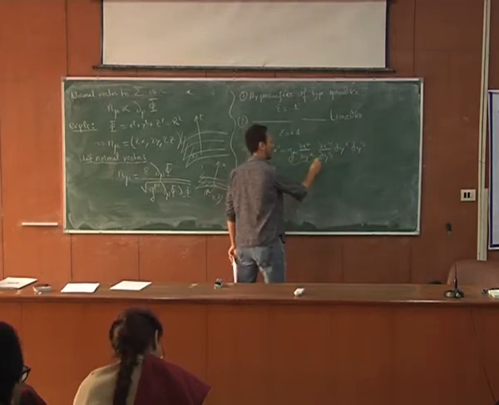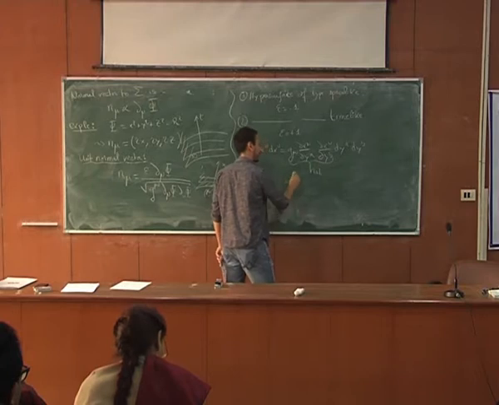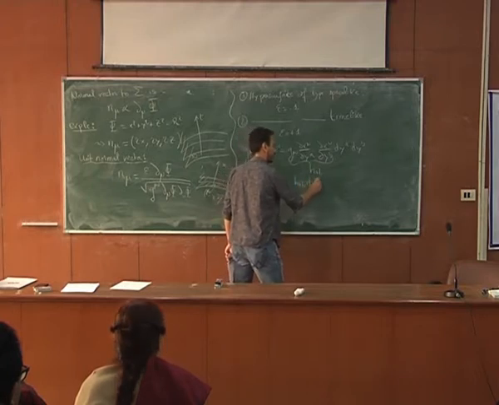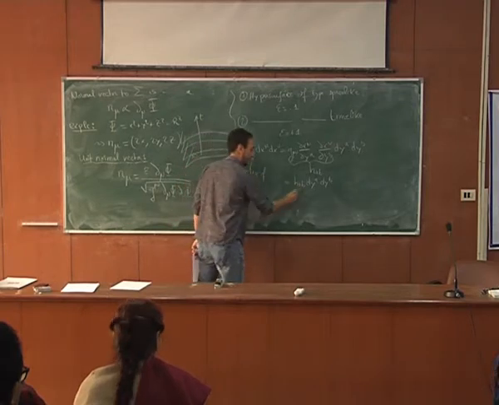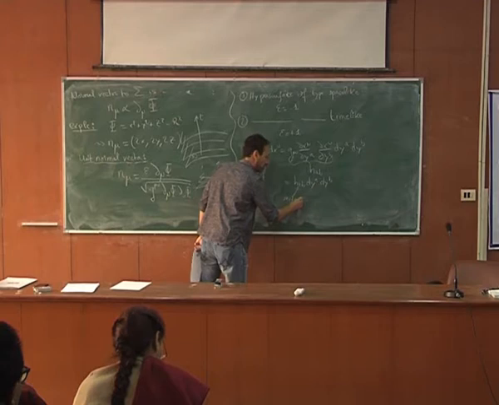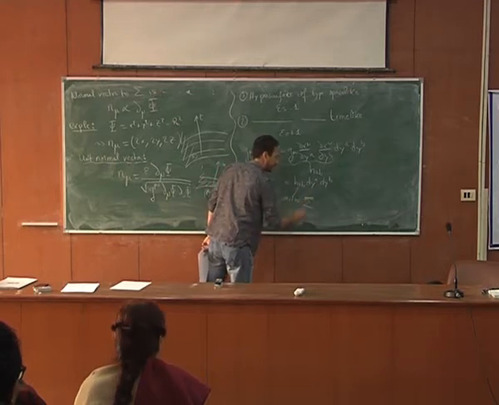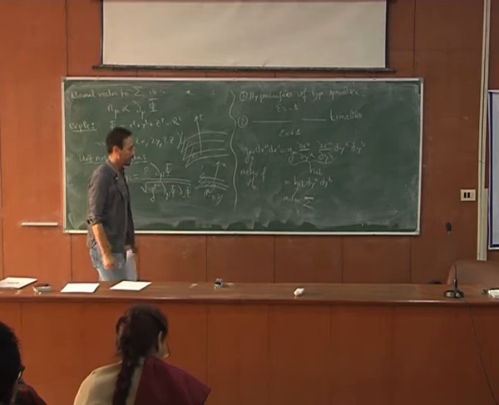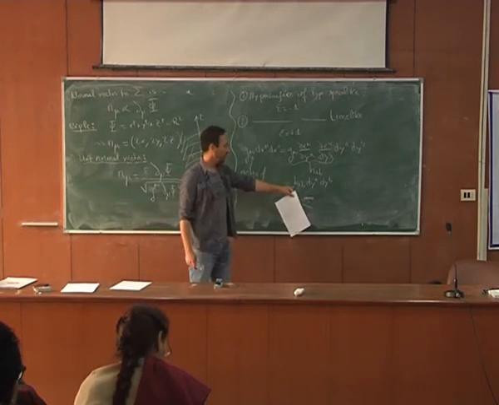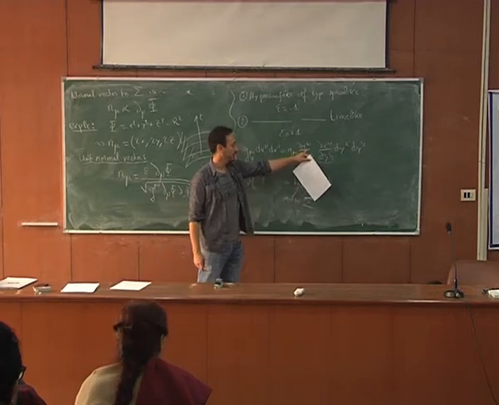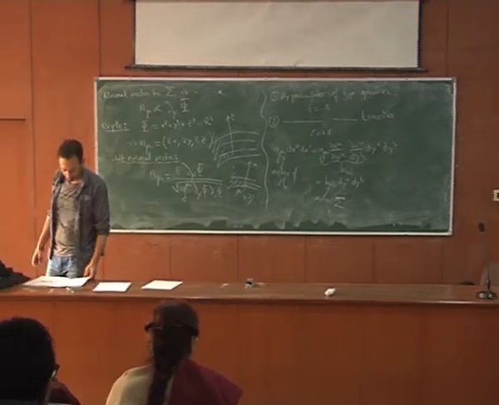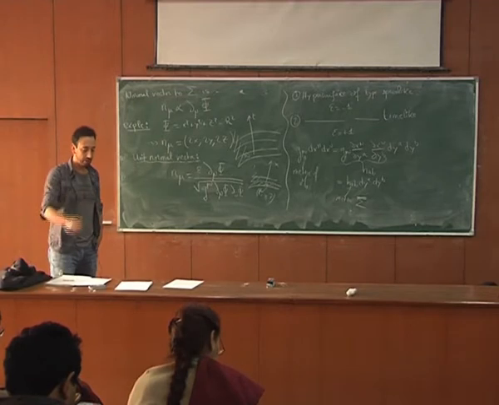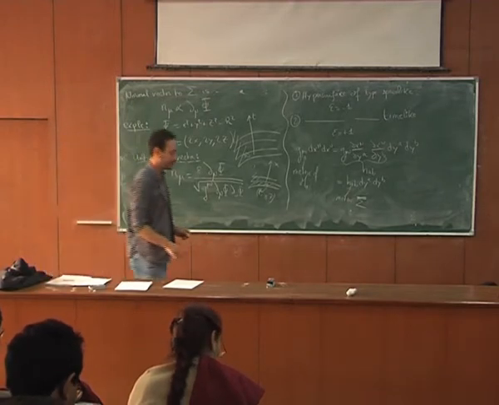And this I will identify as the metric on my hypersurface. So this is the metric of the full space-time, and this is the metric of just the hypersurface sigma. So the metric on the hypersurface sigma is just the derivatives of these coordinates with respect to the coordinates in the hypersurface.